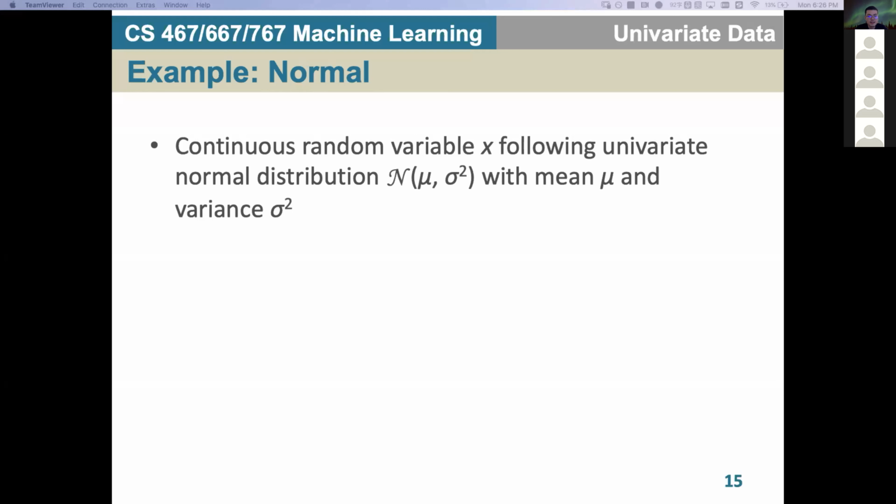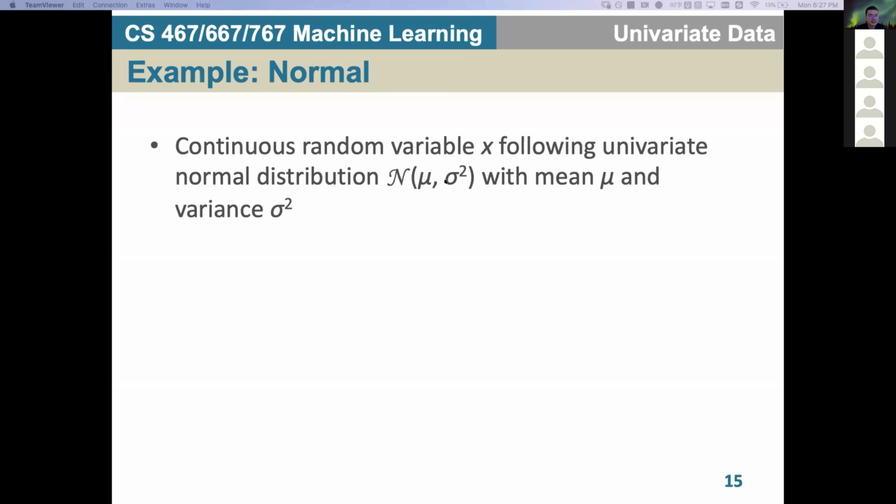So the next is the normal distribution, right? We usually use this notation to describe it, okay? With mean mu and variance sigma squared. You are not muted, so any questions?